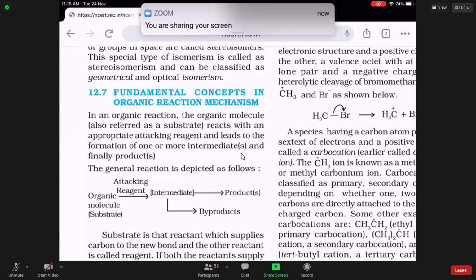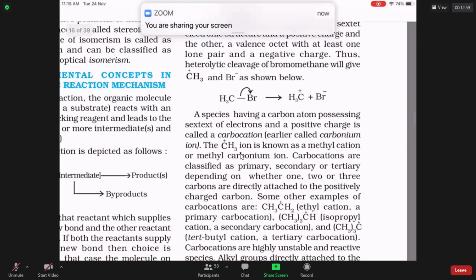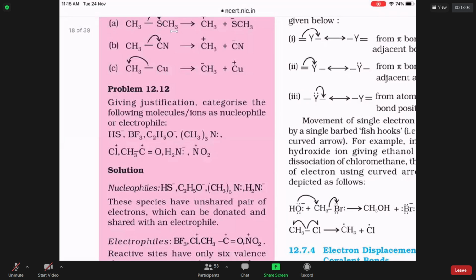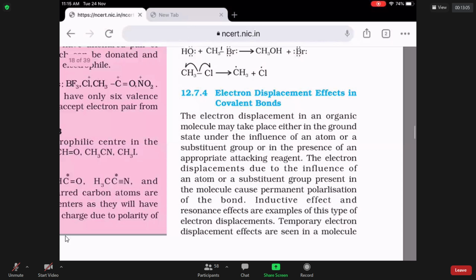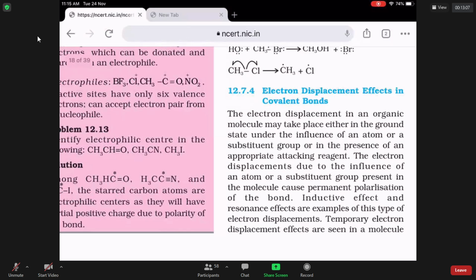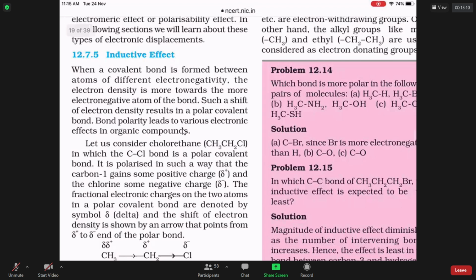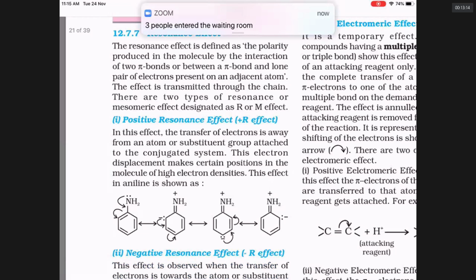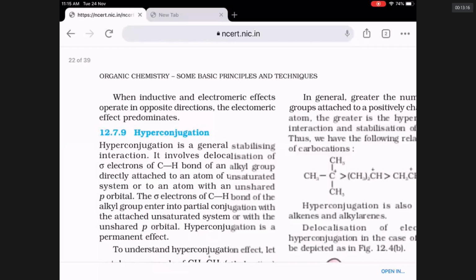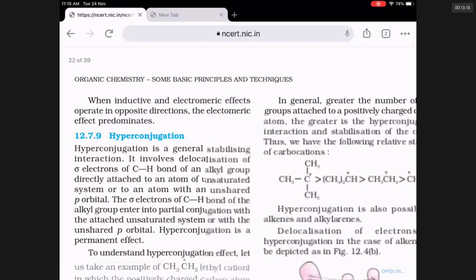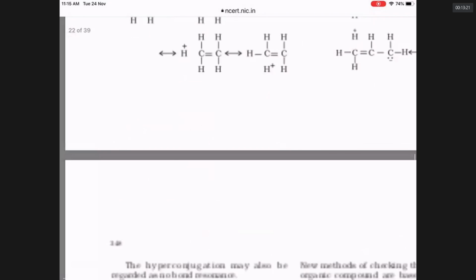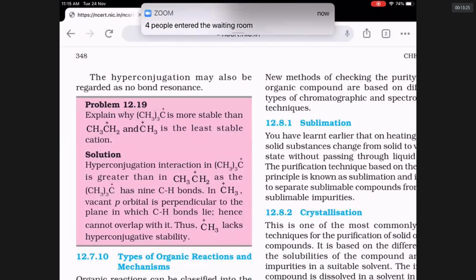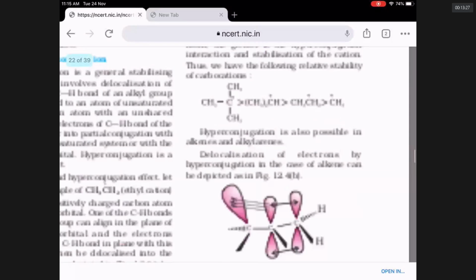You have nucleophiles, electrophiles 12.7.2, and then you have 12.7.4 electron displacement effects, 12.7.5 inductive effect, and resonance. You have up to resonance in the weekend exam. If possible, we will try to cover hyperconjugation too. So your syllabus is defined. Depending on how nicely you progress, let me pick up this speed.